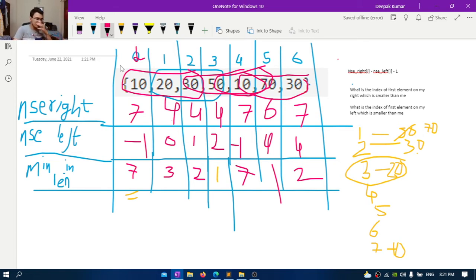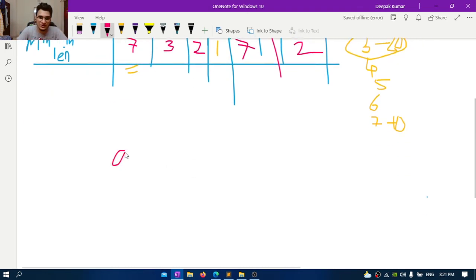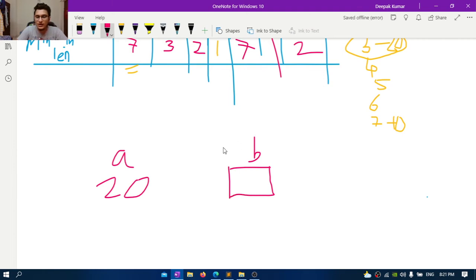So you could argue, Deepak, why are you considering that in length 3 the answer would be 20 only? There are a certain number of windows of length 3 and they could have different answers. So let me give an explanation. For example, my current answer is A, which is 20, and B is some other answer that you consider. I want to find the maximum, right?